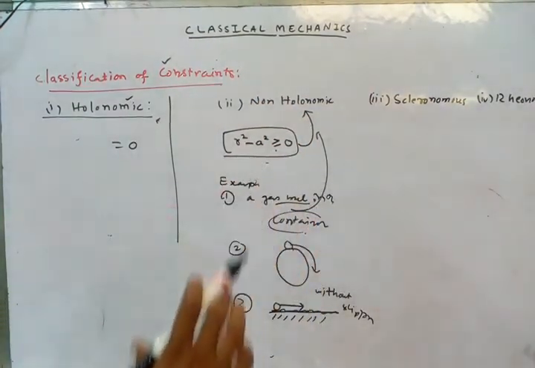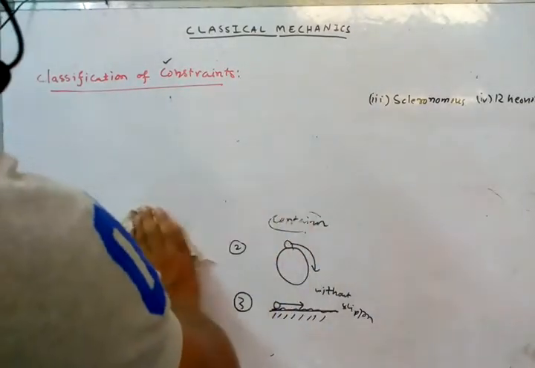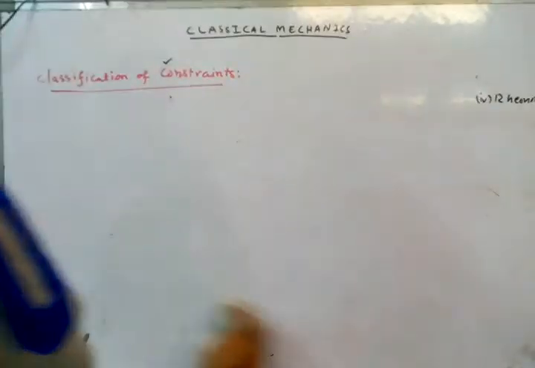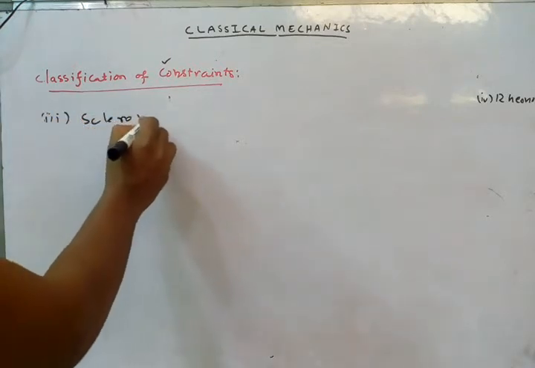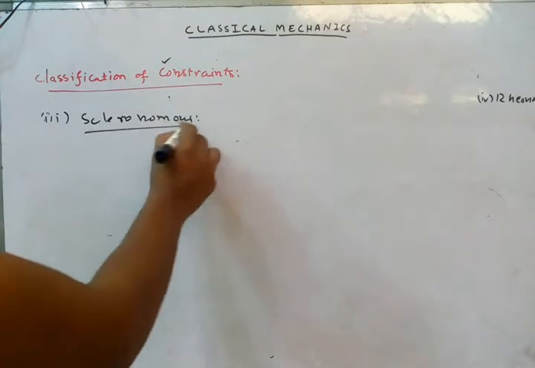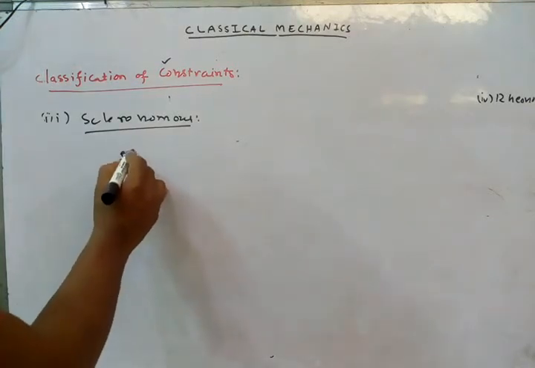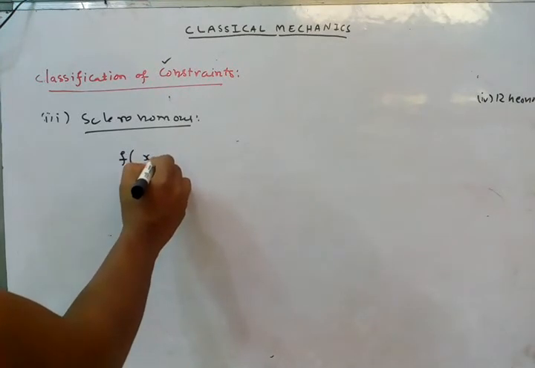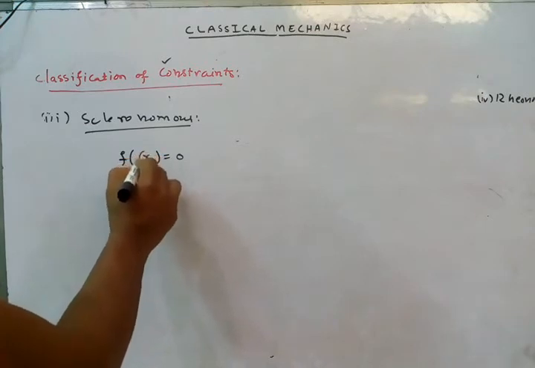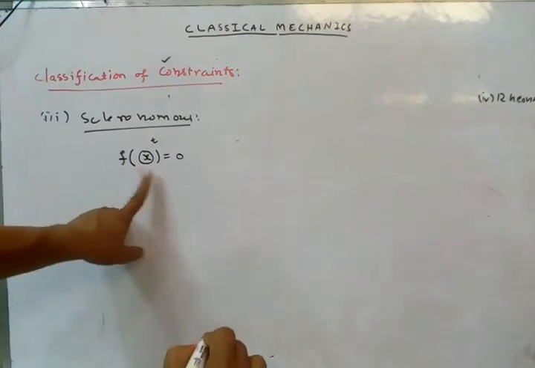These are the examples. So we are moving to scleronomic constraints, the third type of classification. What are scleronomic constraints? If the constraints are independent of time, for example f of x equal to 0. The function is not depending on time, there is no time term in the equation.